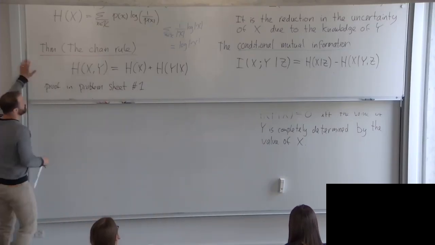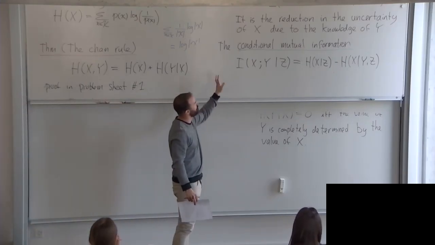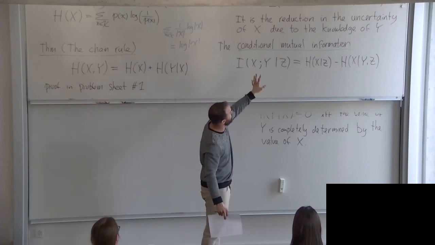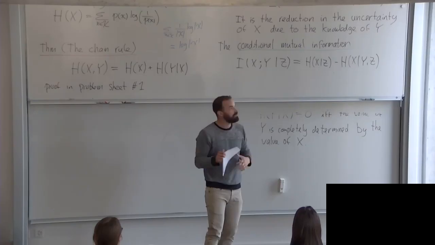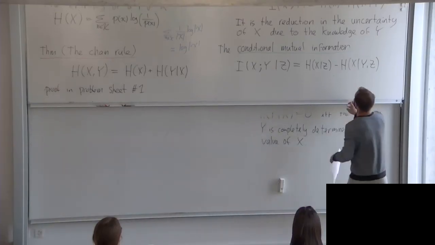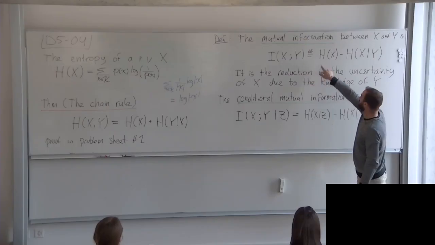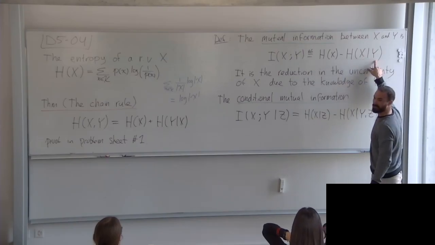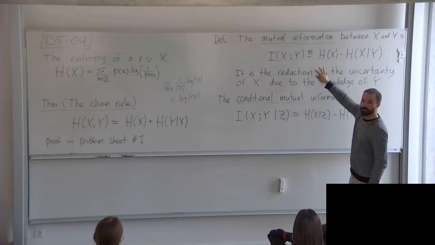One of the good features about the chain rule is that it permits a symmetric notion of mutual information. Right now I've written I of x semicolon y, a function of two entries, and in appearance it matters who's first and who's second. It's H of the first entry minus H of x given the second entry. Thanks to the chain rule, this is symmetric.